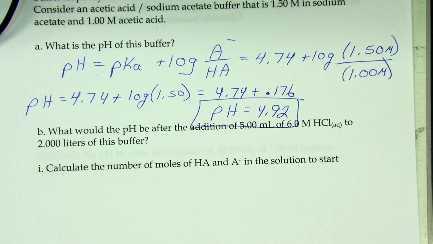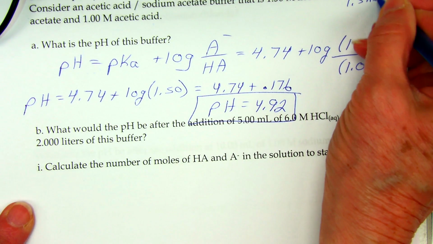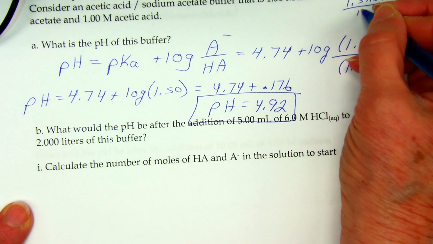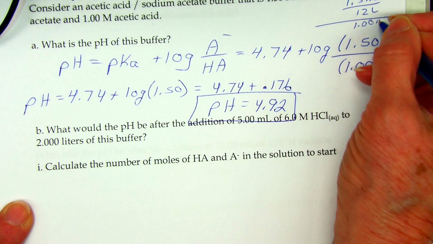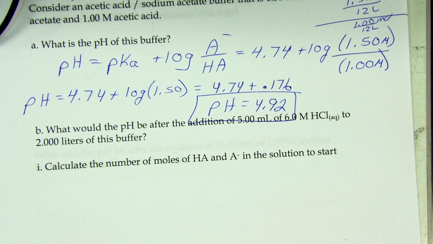What if I had 1.5 moles in 12 liters, and I divide that by 1 mole in 12 liters? What's the ratio? It's the same, right? It's 1.5.